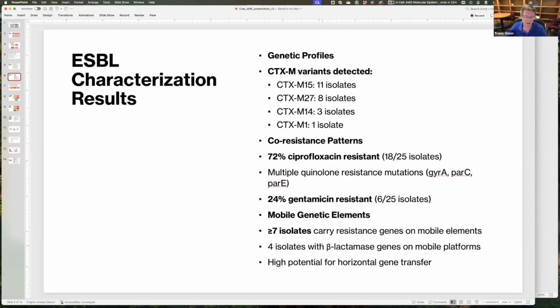So the potential for horizontal gene transfer, there's tons and tons of details that we have from sequencing those individual isolates that we identified with these AMR genes, right? And these are probably all the things that you might expect to see in your own labs and your own data.